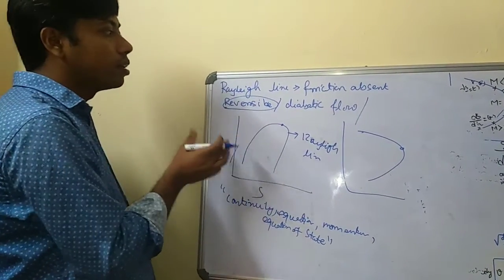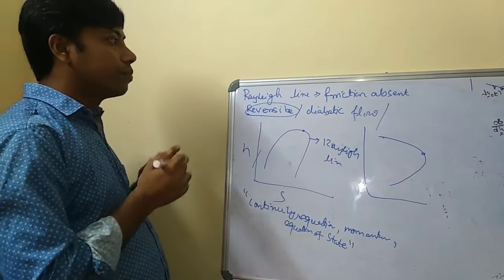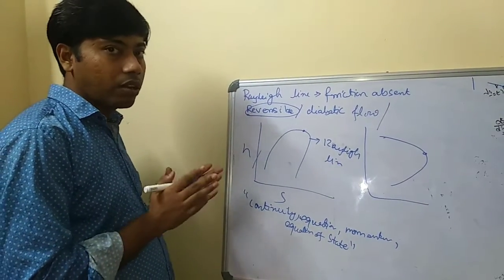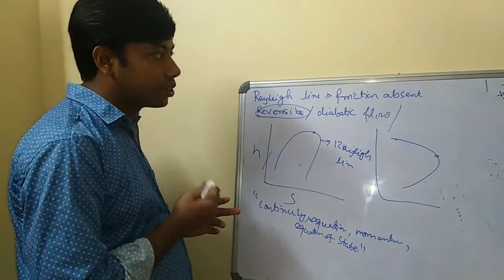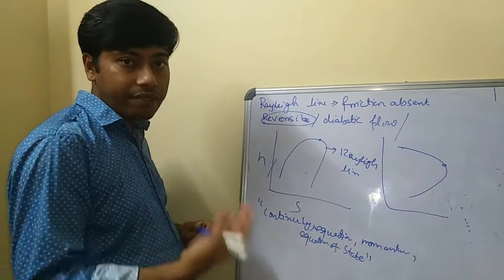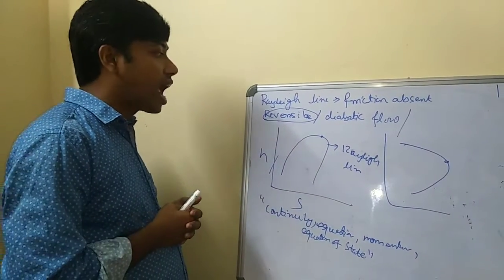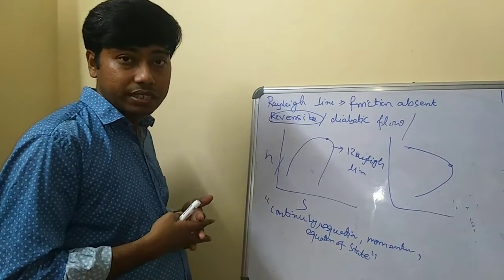In this fluid flow, the idea is that the fluid flows through a duct or a channel in which friction is absent, and the process is diabatic. That means heat transfer takes place between the system and the surroundings, and it is reversible in nature.